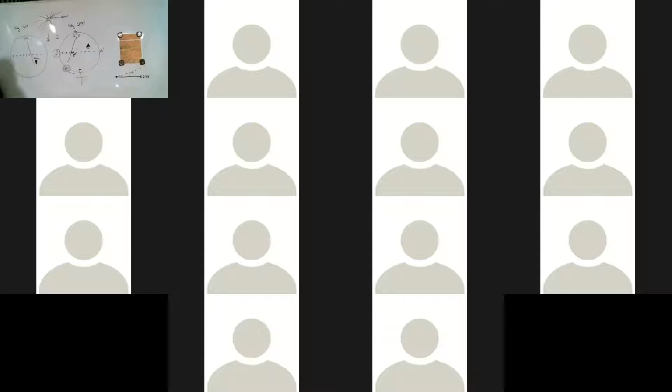Rewind. No, it's not 276 because my 273 is this way. 276 would be more like that. So it would be 270 bearing to the station. Okay, does that make sense? Okay, so I'm 3 degrees off of what this is saying based on my dot.